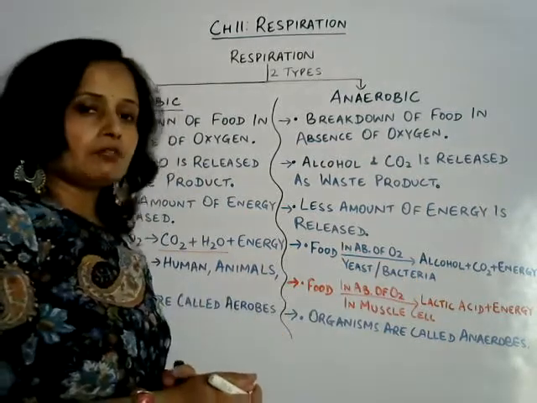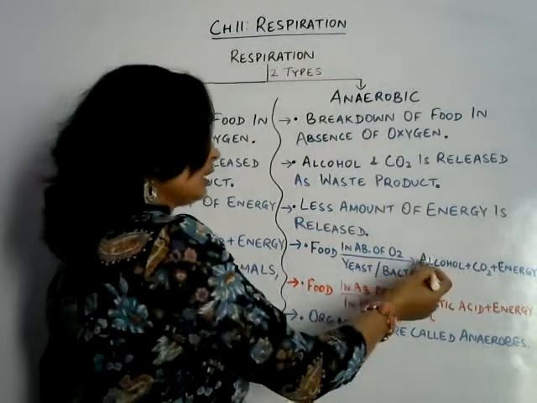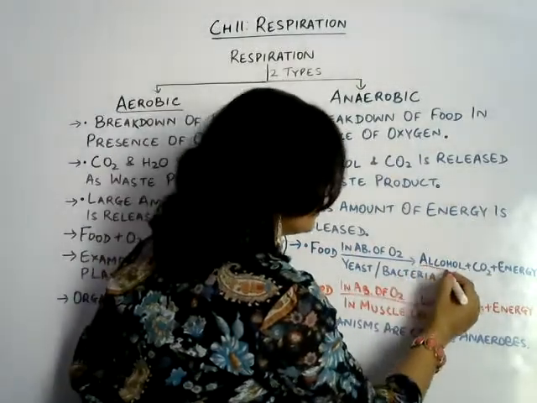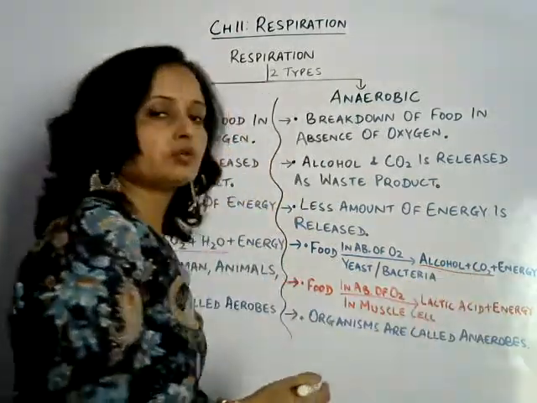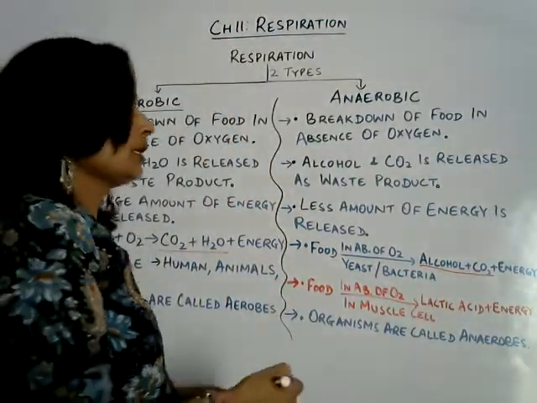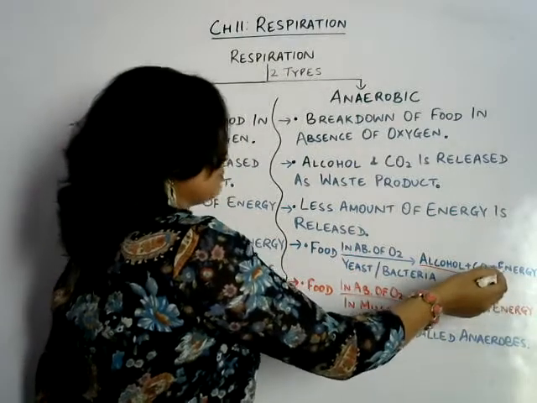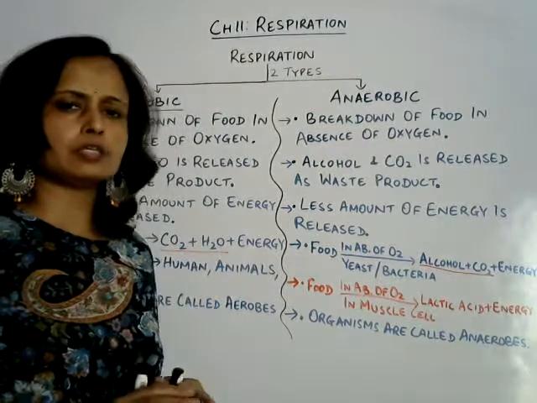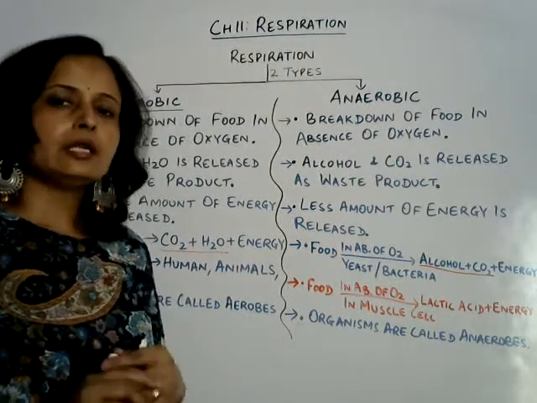Then what is released here? Alcohol and carbon dioxide are released as waste products. And only a small amount of energy is released. The energy is released but not in much amount, it is in less amount.